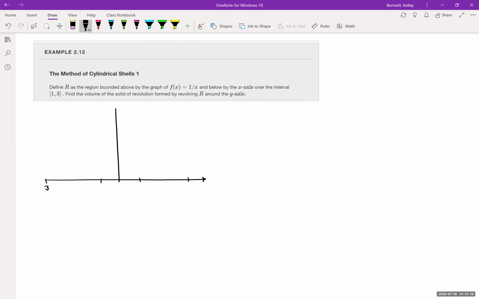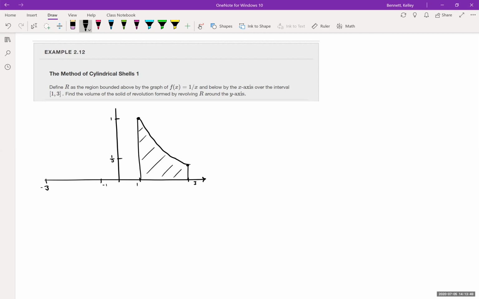When x is 1, f of x is 1, and when x is 3, f of x is 1/3. So I'm sloping gently down here, and bounded below by the x-axis, I can extend these straight down. This is my region here.